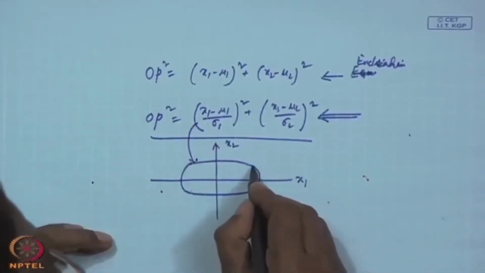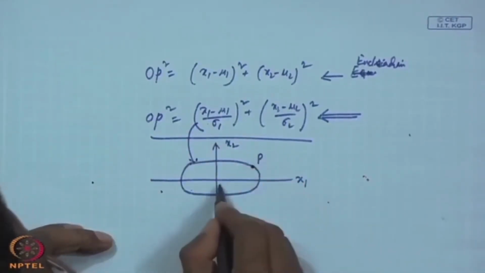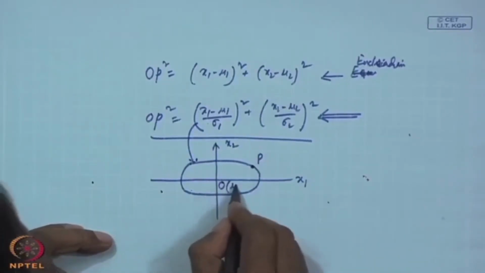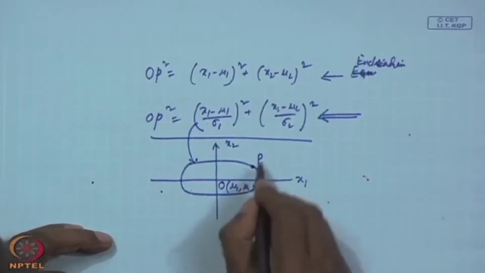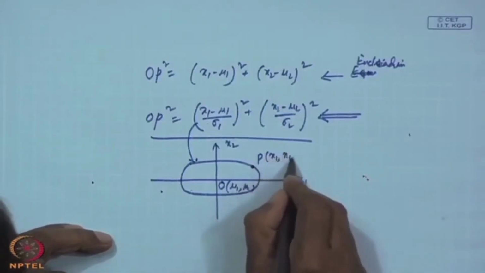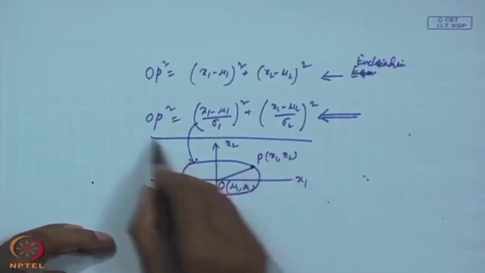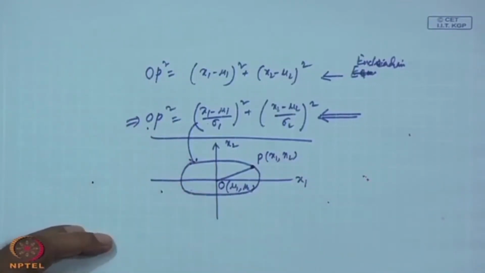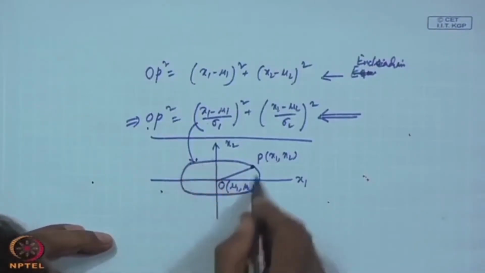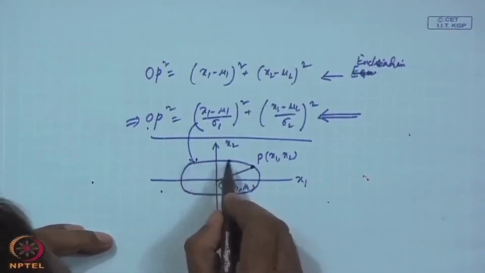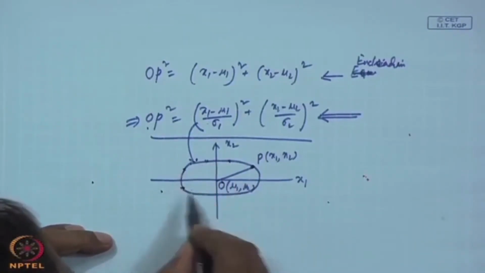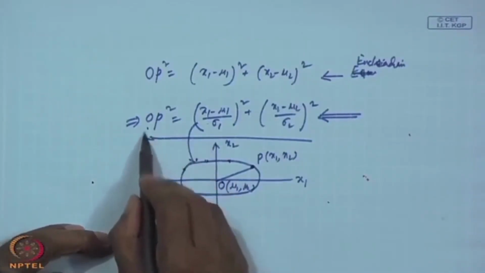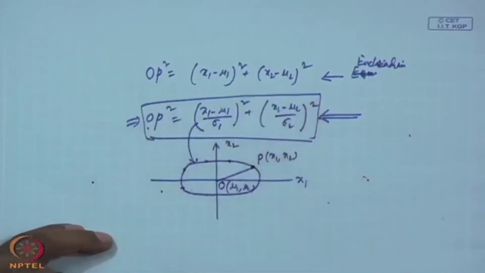If you take a point here, suppose this is your P, O is mu 1 and mu 2, and P is x 1 and x 2, then this distance OP is given by this formula. And as this is an equation of an ellipse, for all points on this ellipse the distance will be computed using this function.